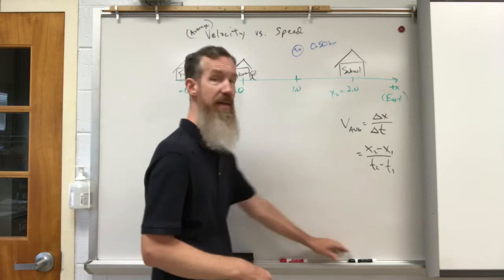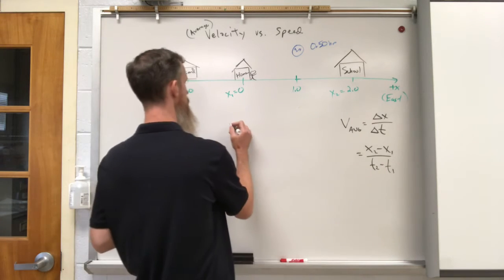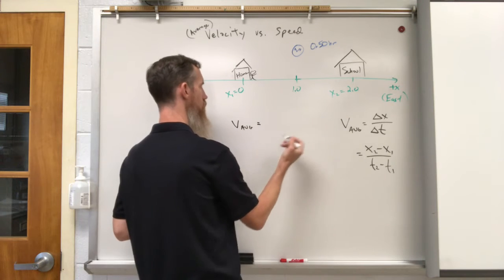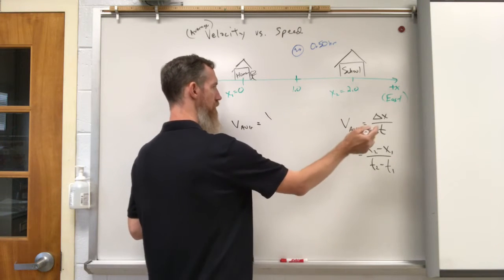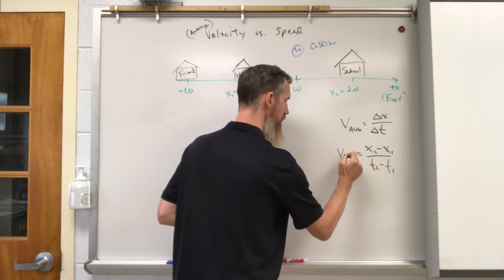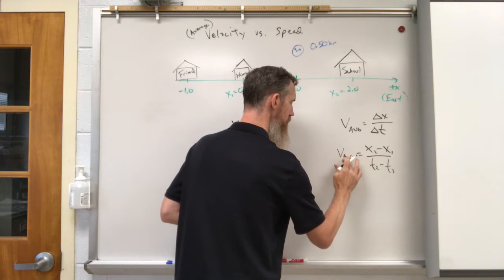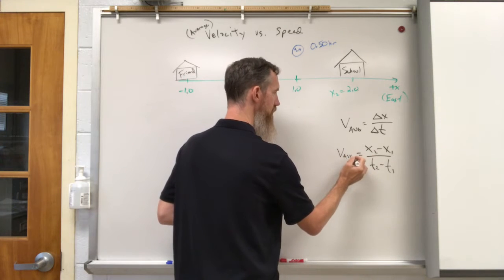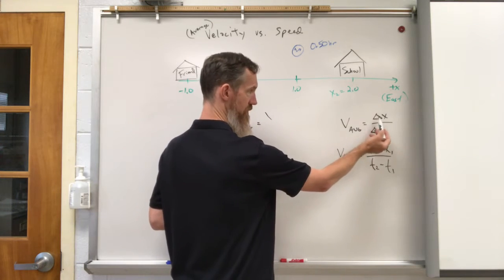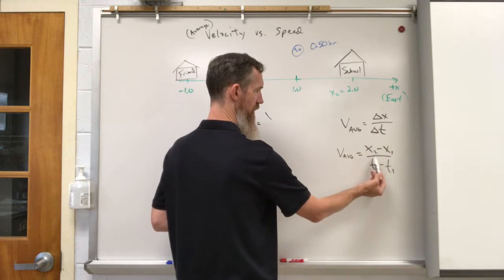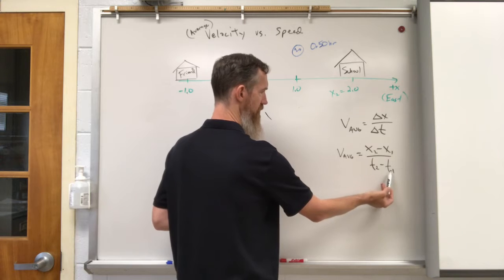So if I wanted to know the average velocity, the formula, if I expand it, by the way, if I expand the deltas, delta means change in, distance, change in time, which is your final minus initial, your final minus initial.